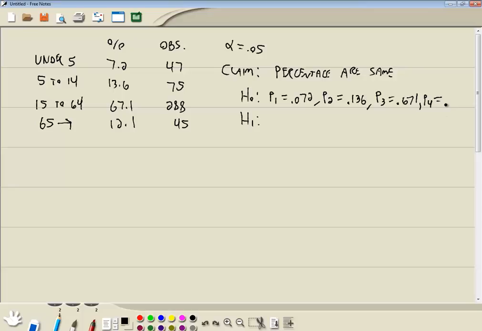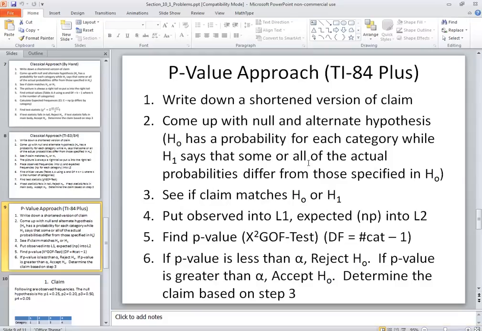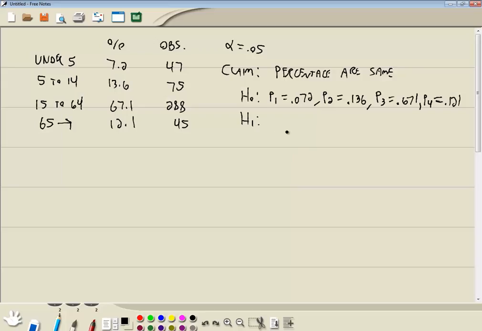And P sub 4 is equal to 0.121. First category, second category, third category, and fourth category. That's what those 1 through 4 apply to. And then H1 says some or all are different. Well, our claim is that they're the same. So our claim matches H0 in this problem.